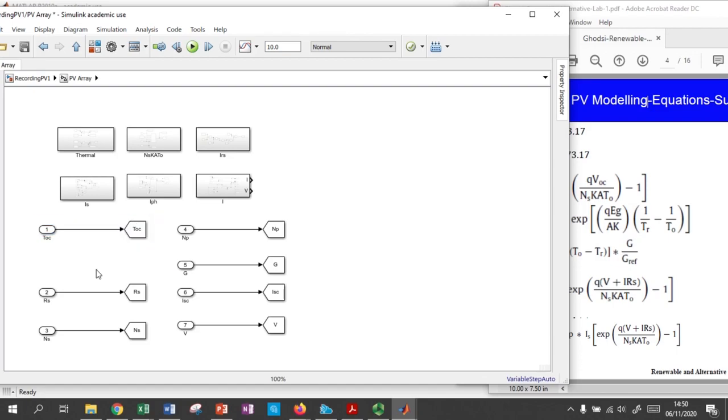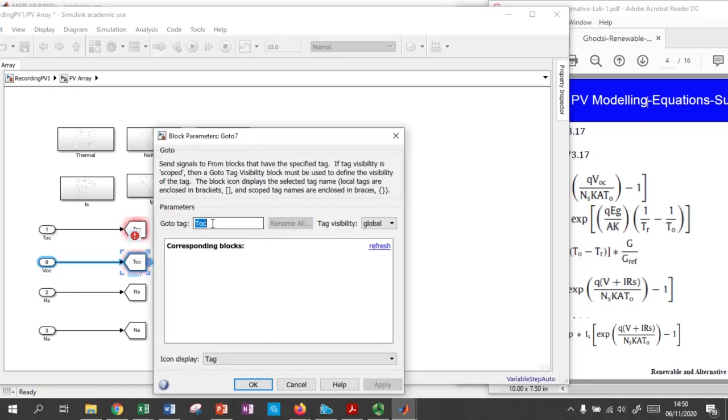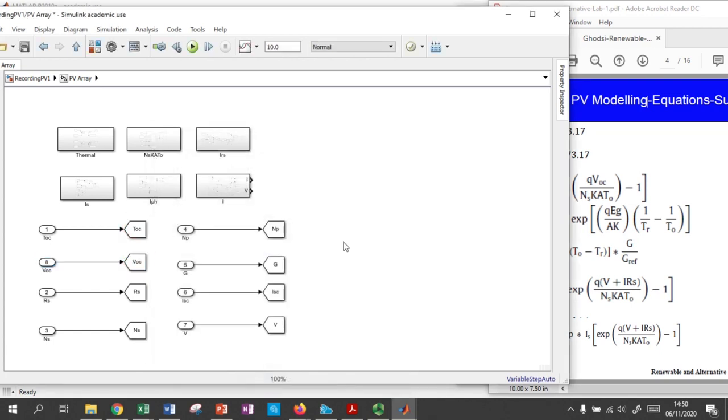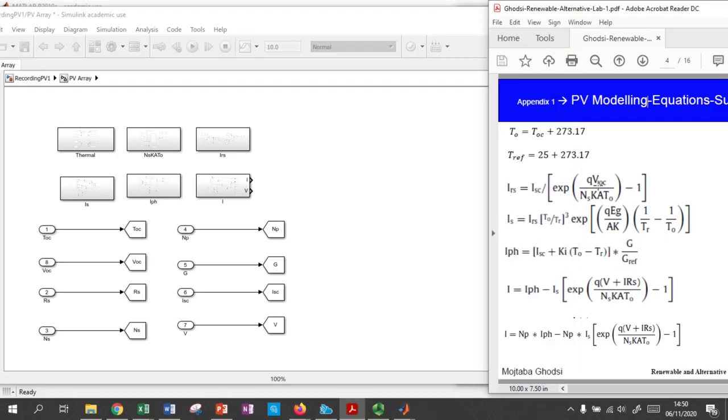Control C, Control V, and then this one is the open circuit voltage of the solar PV panel. VOC. Okay, all is here. Then VOC is known, RS is input, VOC is input, TOC is input, NP and NS, ISC short circuit current, and input V. Then all is correct.